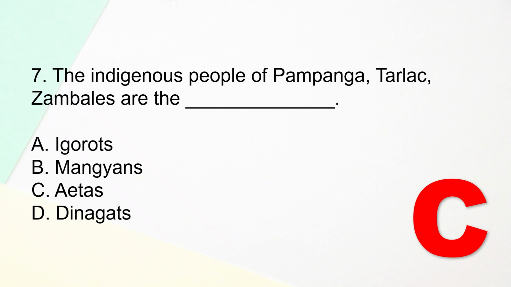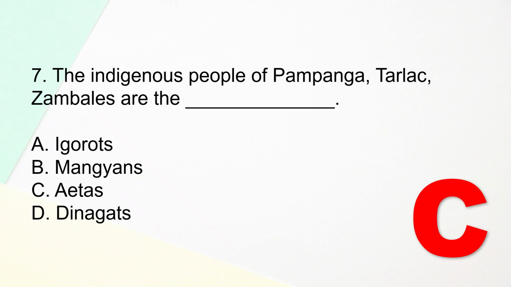known as Agta or Negritos, they are the indigenous people found mainly in the mountainous regions of Pampanga, Tarlac, and Zambales. So they are known for their distinct physical features, nomadic lifestyle, and deep connection to nature. Okay, Aita is the best answer.